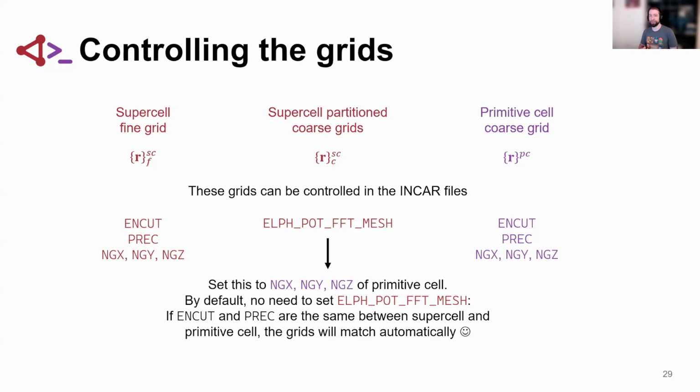But for those of you who are power users maybe, or who like to experiment with the INCAR, or maybe your supercell calculation is too expensive and you want to tweak a little bit, you can set these FFT grids manually using these tags. But also we are working on a solution that doesn't require this explicit grid matching in the first place. So stay tuned for the future. We hope we can make it much more user-friendly going down the road.